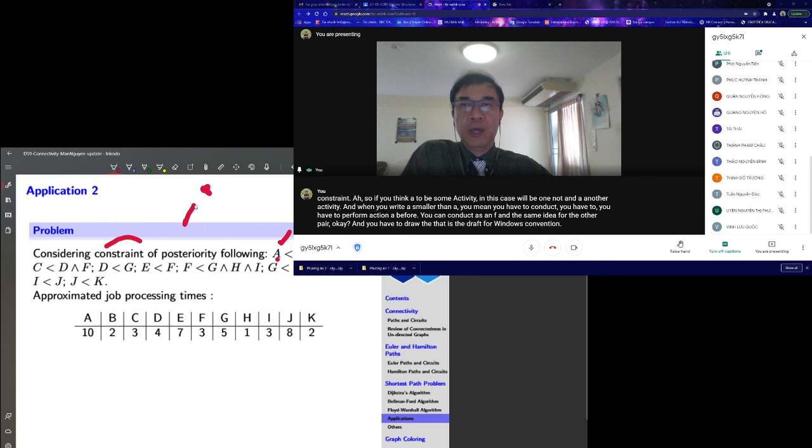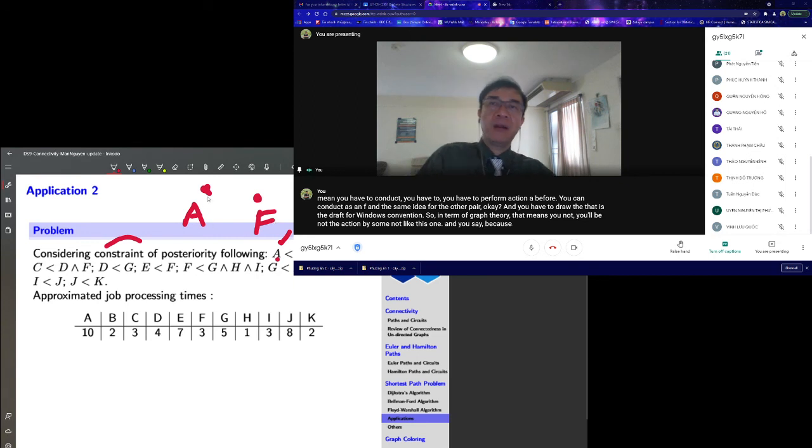So in terms of graph theory, that means you denote the action by some node like this one, and because A must be done before F, you must draw a connection like this and put an arrow on that connection.